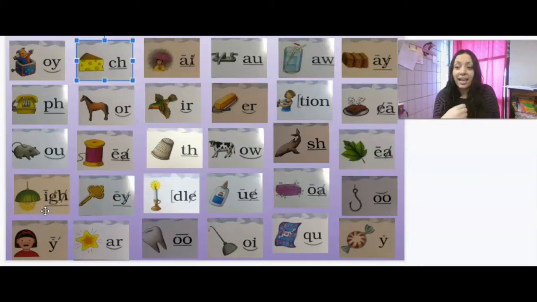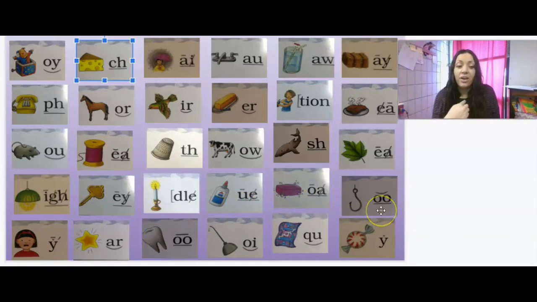Light, I, trigraph IGH. Key, E, digraph EY. Candle, dul, final syllable DLE. Glue, U, digraph UE.